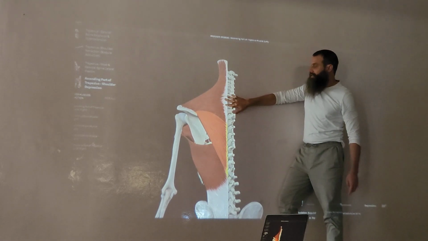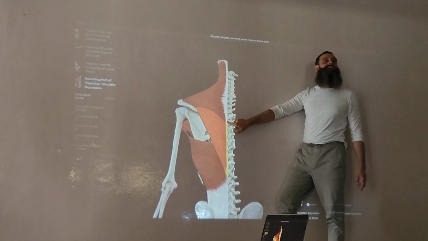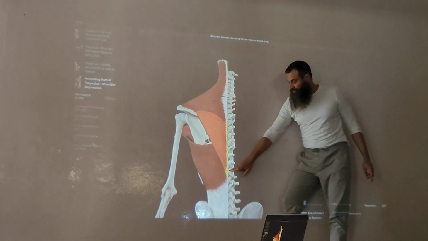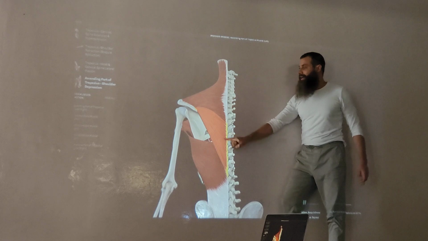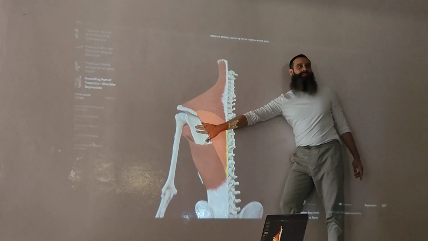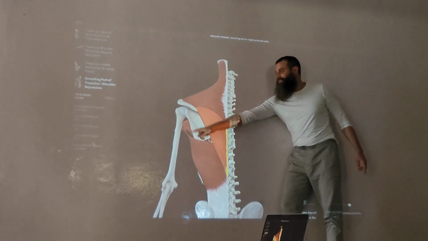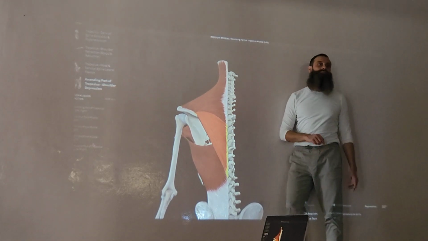The rhomboids start from C7 and finish in T5. So from C7 to T12, all the dorsal spine is connected with the shoulder blades. So again, by stabilizing the shoulder blades, we stabilize the dorsal spine.